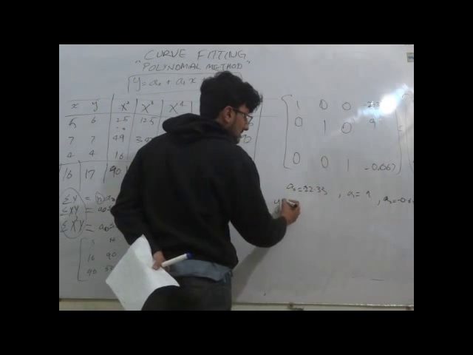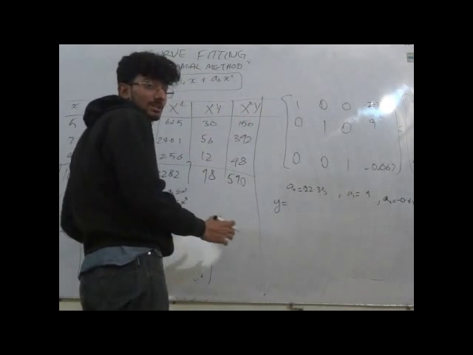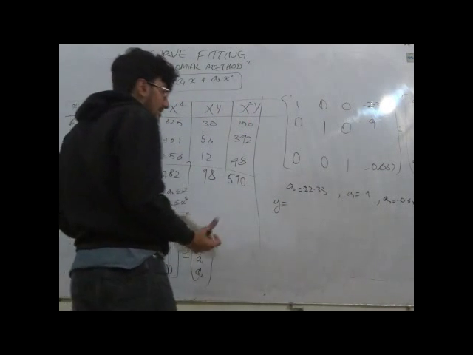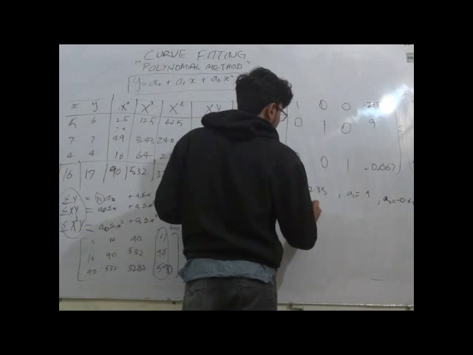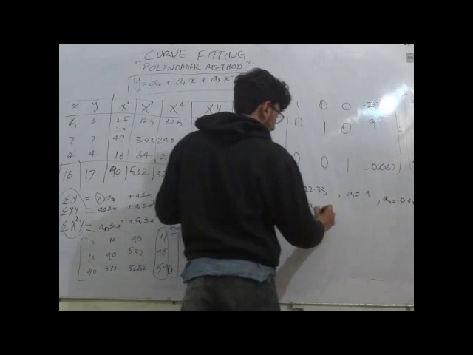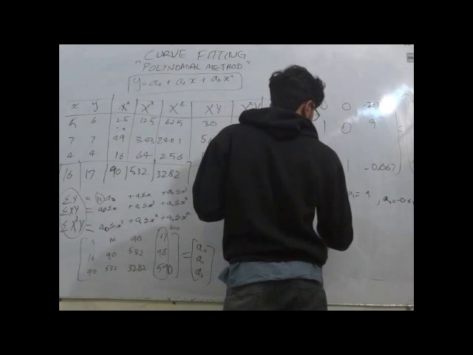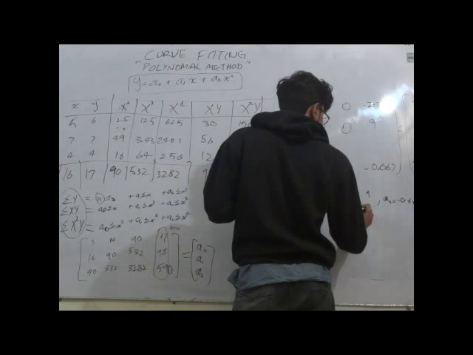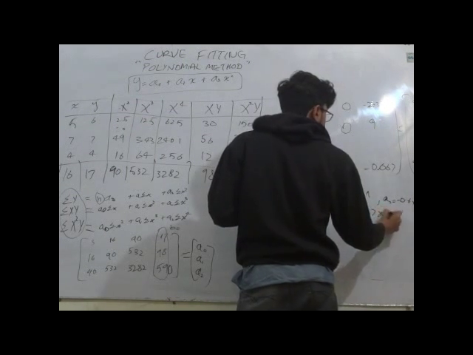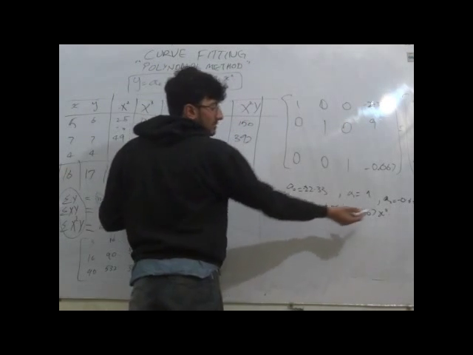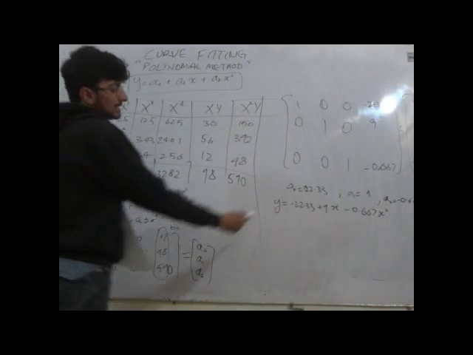That is, this is the polynomial equation for solving the curve fitting problem, which comes out to be minus 22.33 plus 9x minus 0.667 x square. Now we can simply put x values from this table and you will get the y variable.